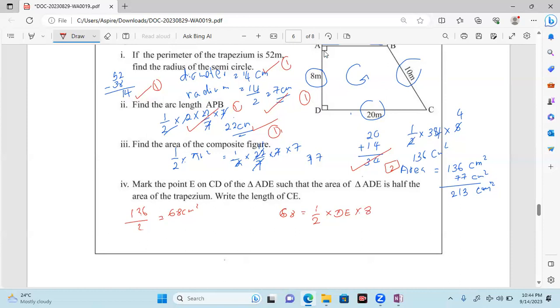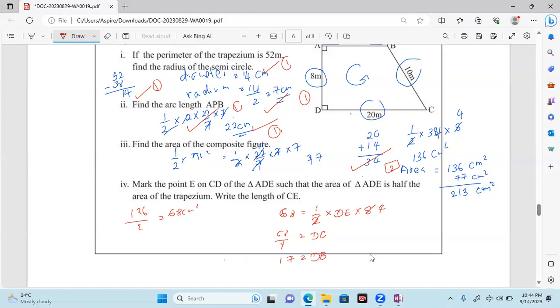It does not change because we are going to form a triangle in here. Then 8 divided by 2, it is 4. Then DE is equal to 68 divided by 4. Therefore, DE is equal to 17. But they ask about CE.